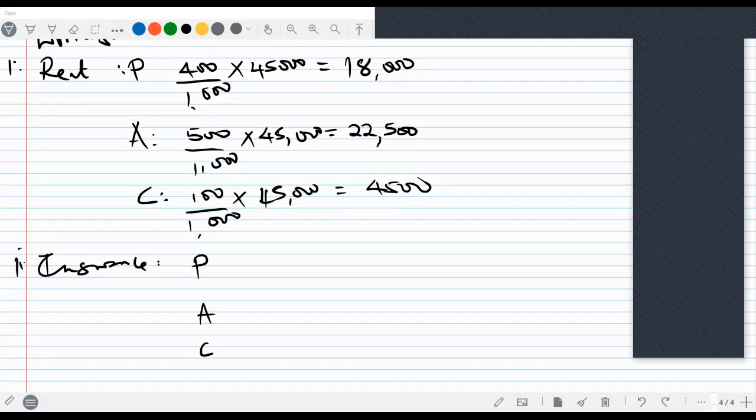Jay? Jay Vasani? Yes. The total insurance cost was 5,400. We want to allocate the insurance cost among the three departments. What basis do we use? No idea.